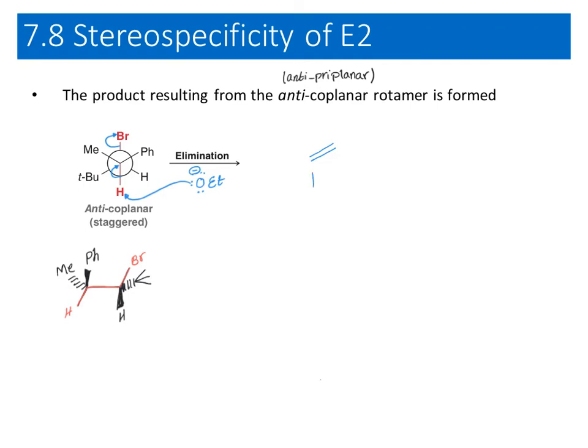Now this carbon would be our front carbon, or basically the beta carbon in this example, and this one is our back carbon, and specifically in this example is the alpha carbon. So the order does not matter, which one is alpha and which one is beta.